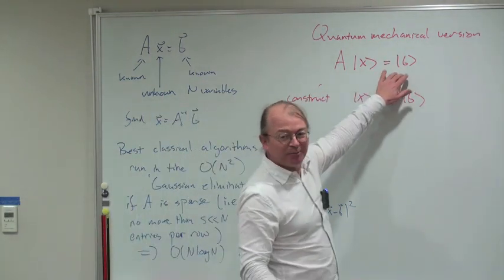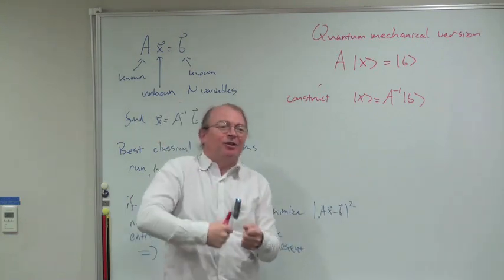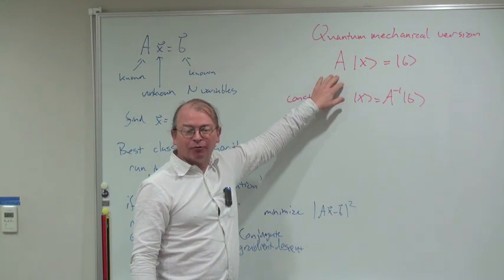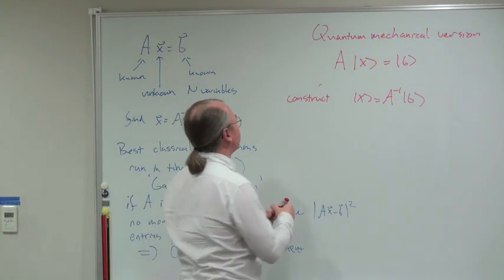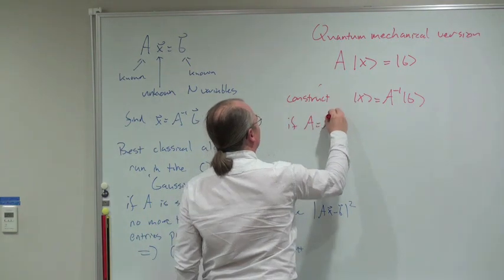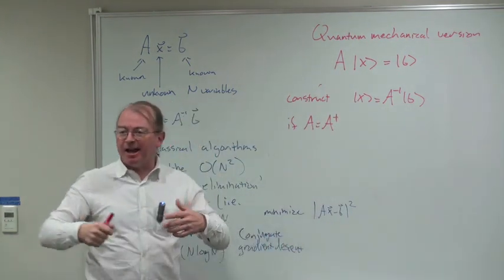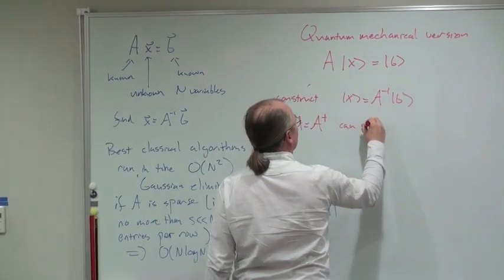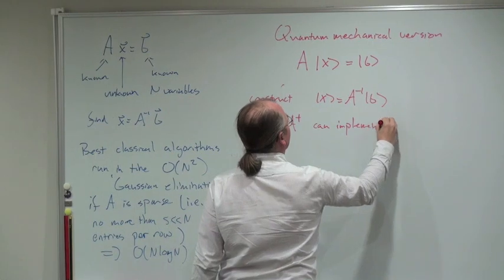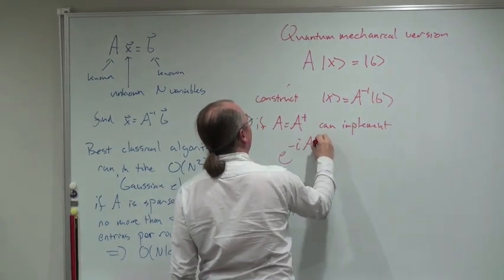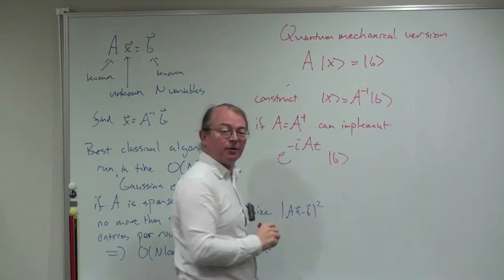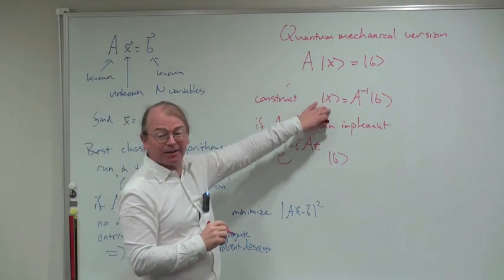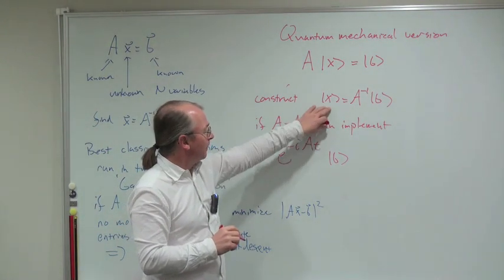We're going to start with this vector B, and then we're going to act on it by a dynamical process which is related to this A. For instance, if A is Hermitian, then we're going to think of A as being the Hamiltonian for a system, and apply e to the minus iAt acting on B. So that's the kind of thing we can do. We're going to actually construct this X, and then this will give us our answer.